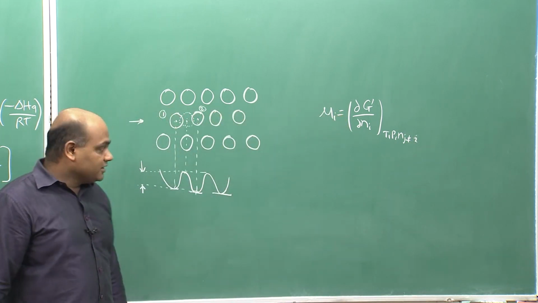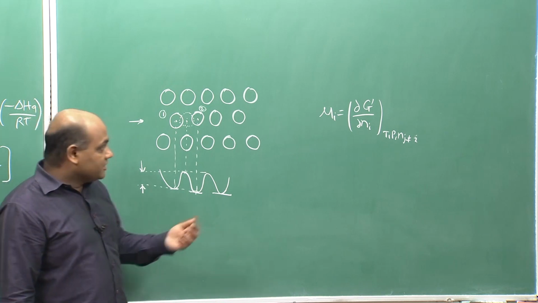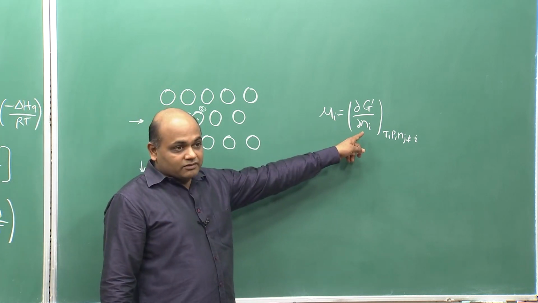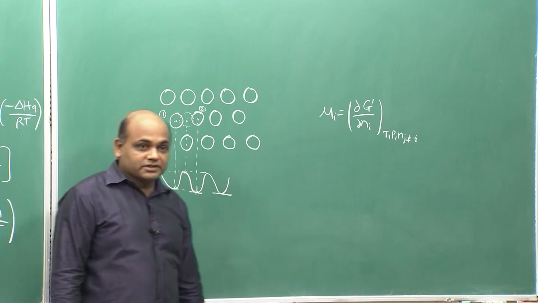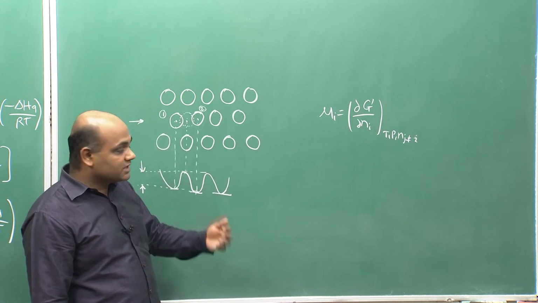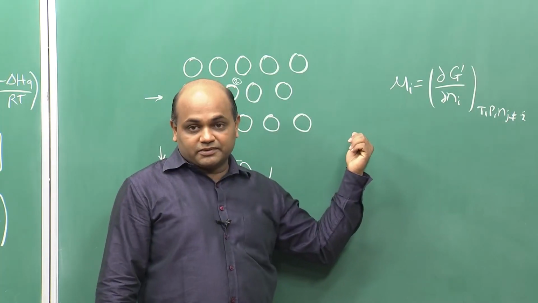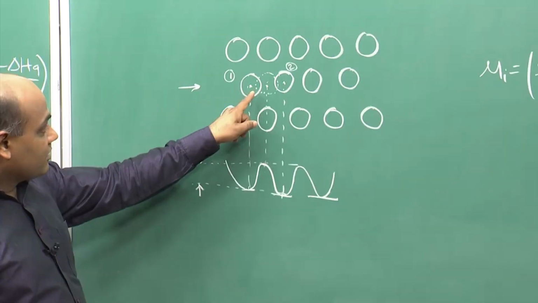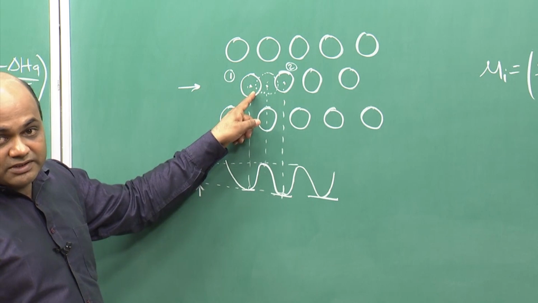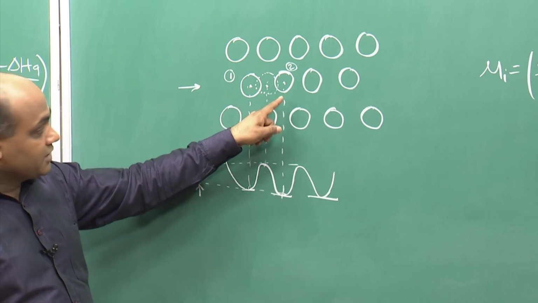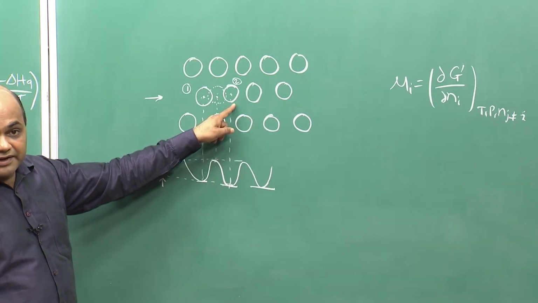So, this is basically the change: how much increase in Gibbs free energy will there be if we add one atom to this system, or how much decrease in Gibbs free energy will there be if we remove one atom from the system, right. So, if we see from site 1, one atom is getting removed during this jump, and at site 2 one atom is getting added, right.